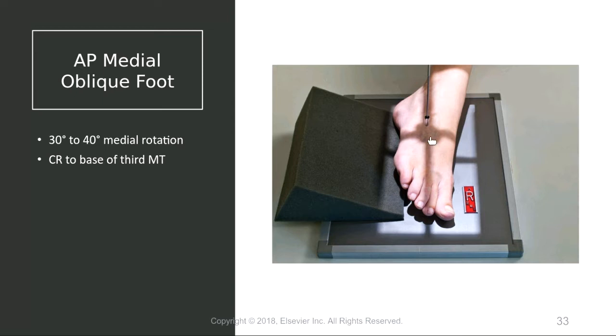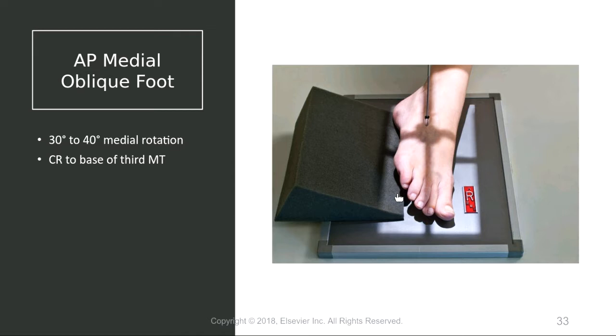So again, rolling towards midline. Patient would still be lying on their back with their knee bent, and all you do is have them internally rotate their leg or medially rotate their foot so that the plantar surface, which is underneath here, forms a 30 to 40 degree angle with the plane of the IR.